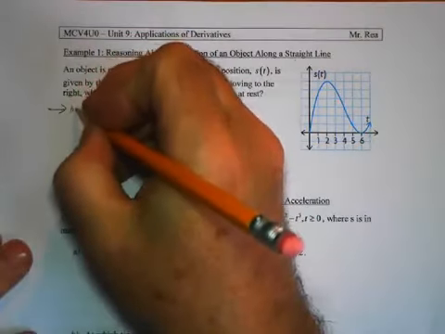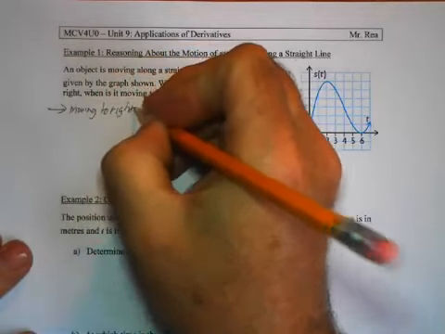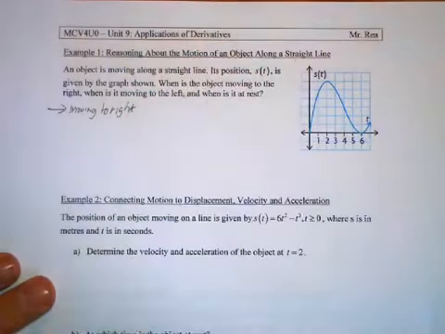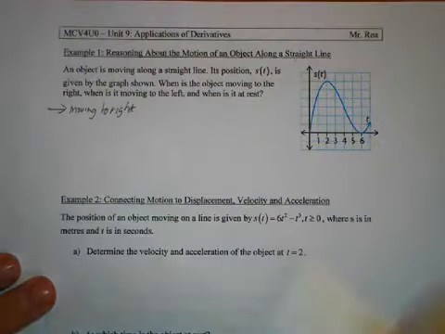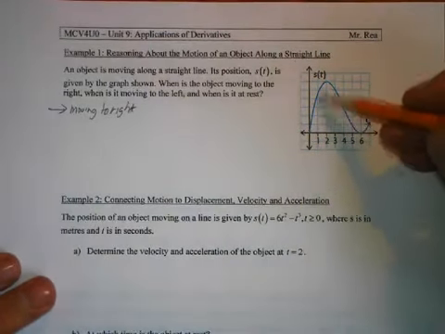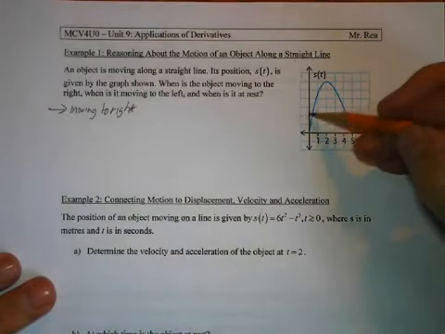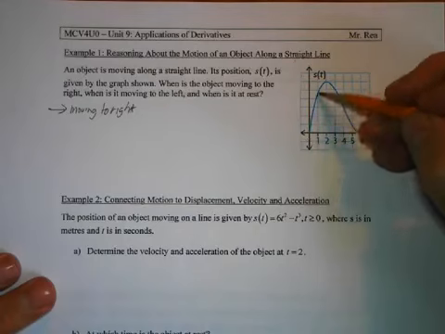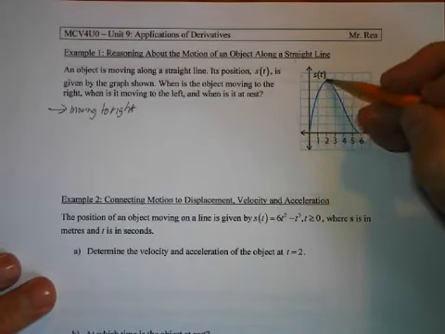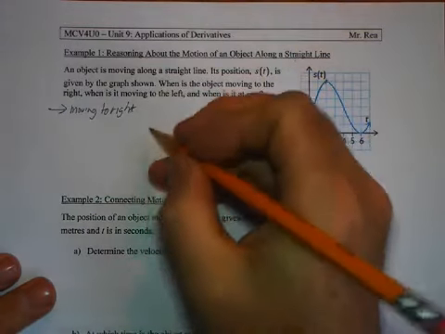So moving to the right. That means the object is moving away from you, or in terms of velocity, that's where v of t would be positive. So v of t is positive from 0 seconds to 2 seconds.